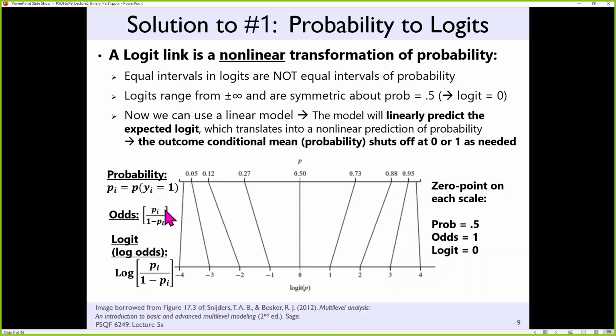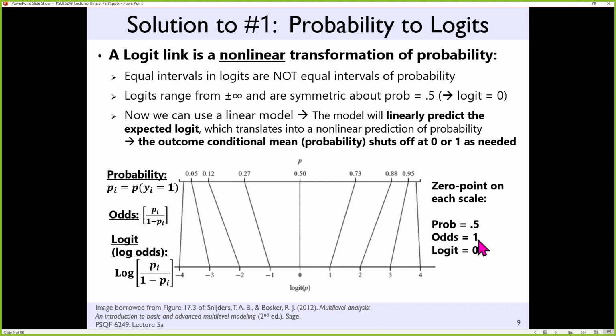So going across the 3 potential scales that you could look at your results from, if I have p as the probability that y is 1, then probability ranges from 0 to 1, and the neutral point is 0.5. That's data scale. The intermediate step is called odds, and that is the probability of a 1 divided by the probability of a 0.